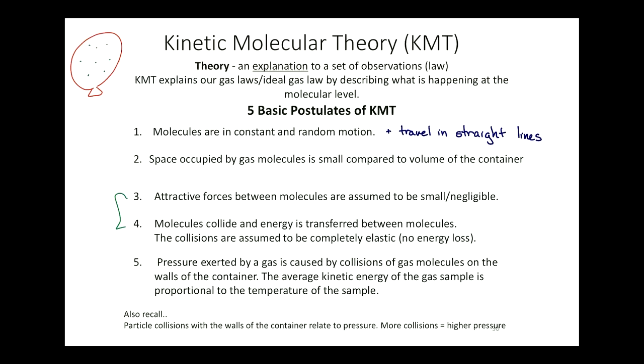So the idea here is that the amount of collisions is proportional to the pressure of your sample. The more your particles are colliding with the walls of the container, the higher the pressure. If your particles aren't colliding with the walls of the container, then you're going to see a lower pressure, right? So it's collisions that produce pressure for our gas sample.